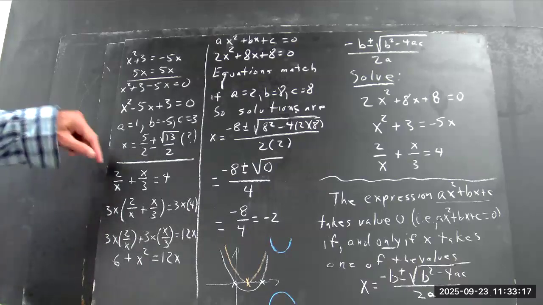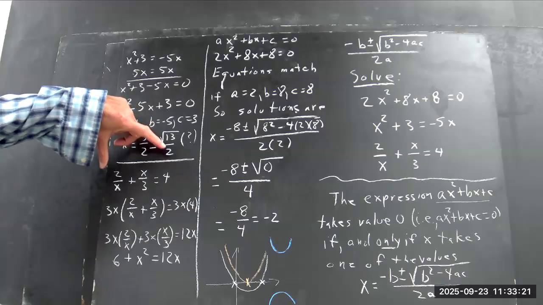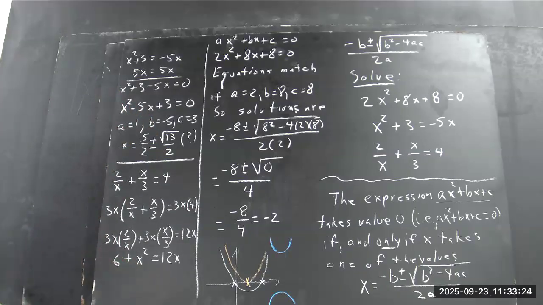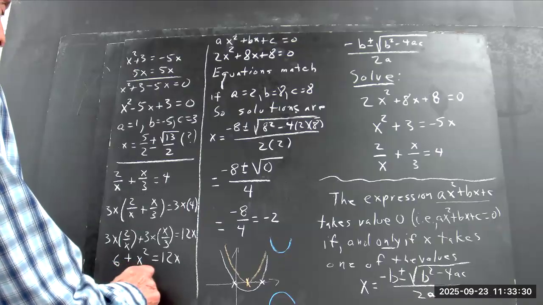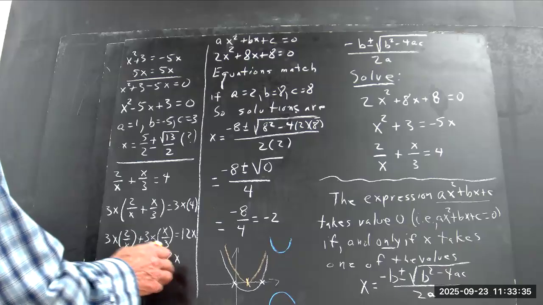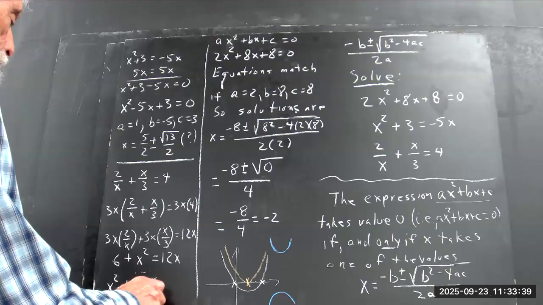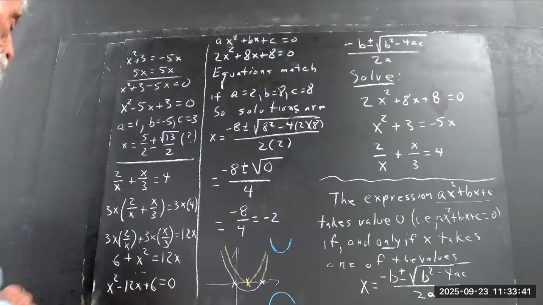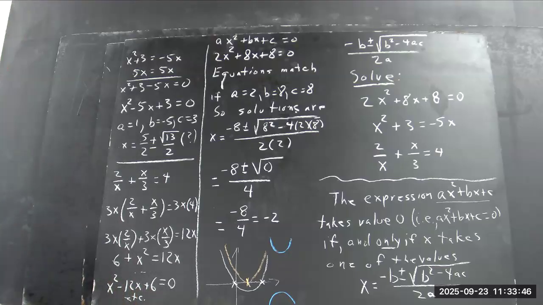And now, even though we can't really see it, unless we've seen a lot of these, from here, this is a quadratic equation. Now we put this into standard form. We're going to have x squared. We're going to subtract 12x from both sides. And now we can solve it. Okay.